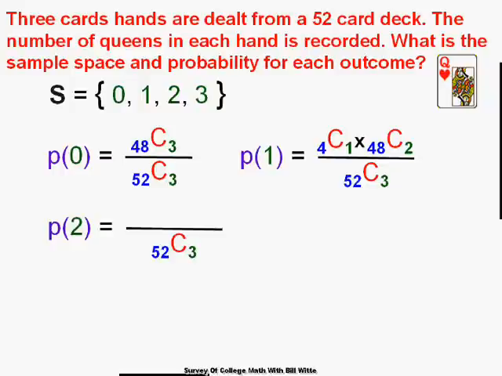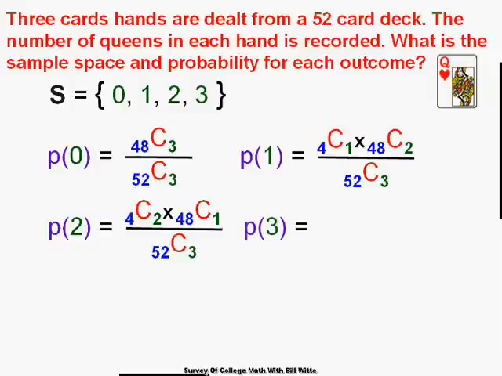I have 4 possibles in the deck, so it's going to be a combination of 4 queens taken 2 at a time. And how many cards do I have left? I only have 1 card left to draw from my 3 card hand, and I have to draw that from the non-queens. So it'll be a combination of 48 cards taken 1 at a time. And I'll use the multiplication principle there again.